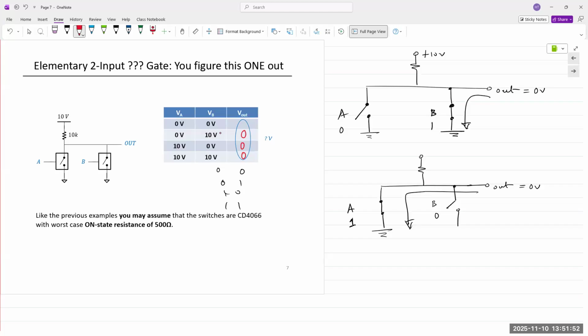So let's take a pause while you look at it. Think over what happens when both inputs are 0. All right, once you finish writing that, tell me what happens when both inputs are 0.